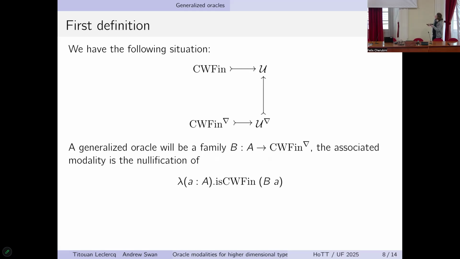So this gives us what we want for generalization of oracle modalities. Instead of just a function from A to nabla B, we will take a family of sets which are CW fin in nabla. As I said, nabla is itself a model of homotopy type theory, so we can also define what is a CW fin in nabla.